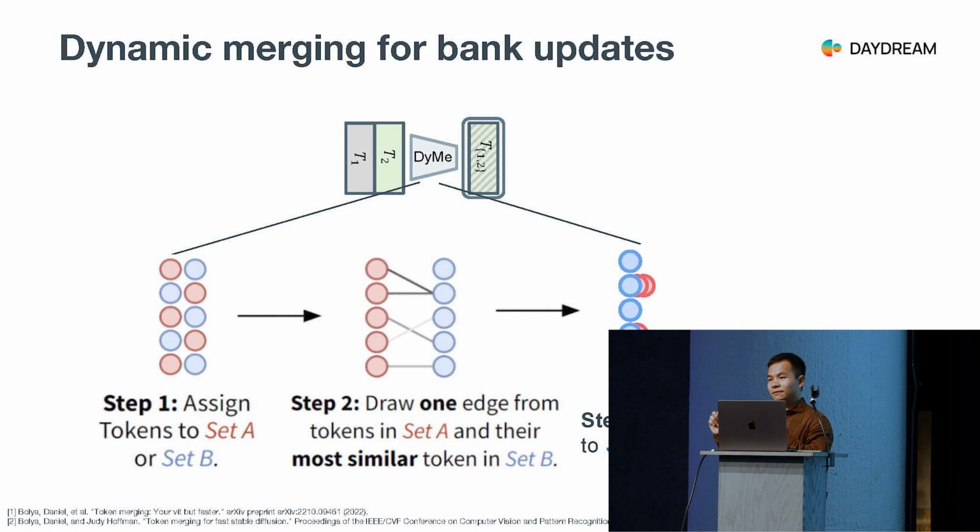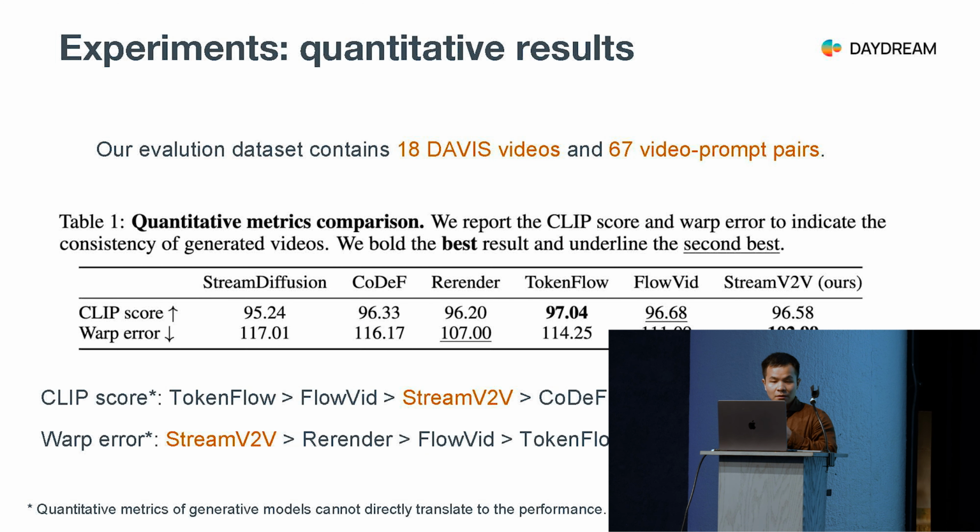This is not a novel idea in the transformer or diffusion space, because we have token merging. But in my work, it's done along the temporal dimension.